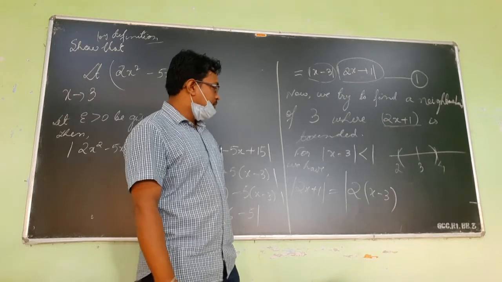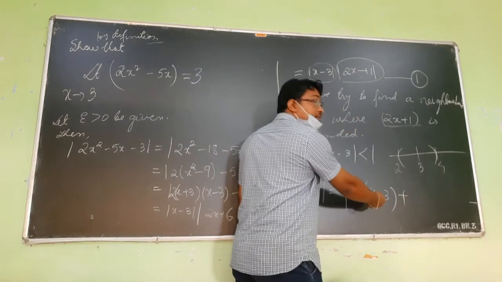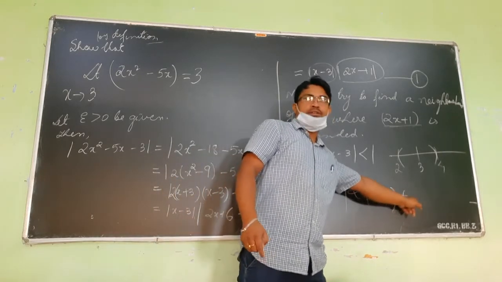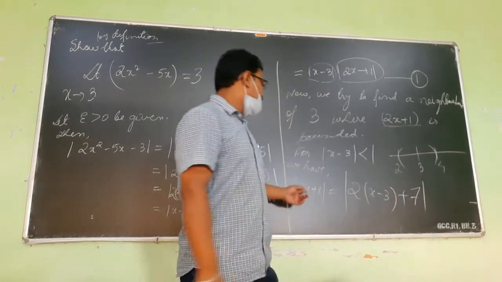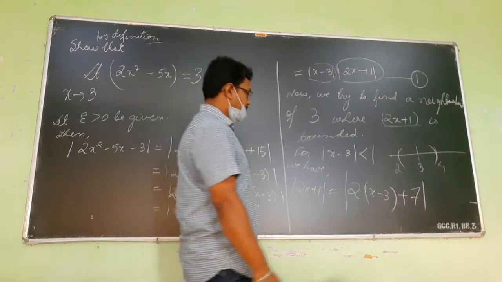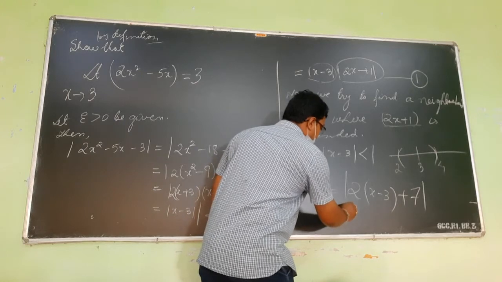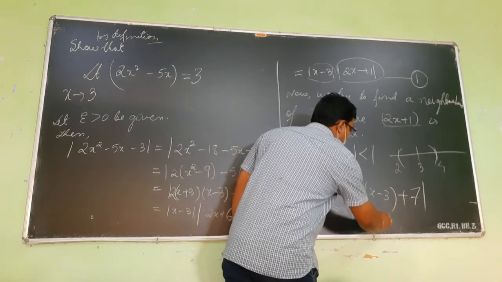This is minus 6, but initially it was plus 1. So to adjust, I have to write plus 7. I can always write twice x plus 1 as 2 into (x minus 3) plus 7. And then this is less than or equal to mod 2 into mod of x minus 3 plus 7.